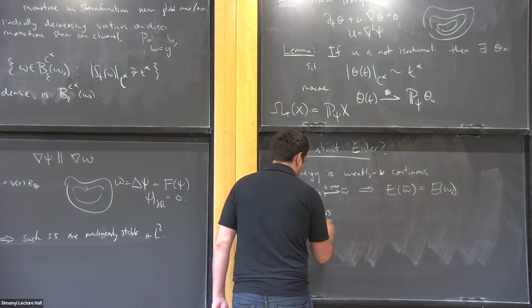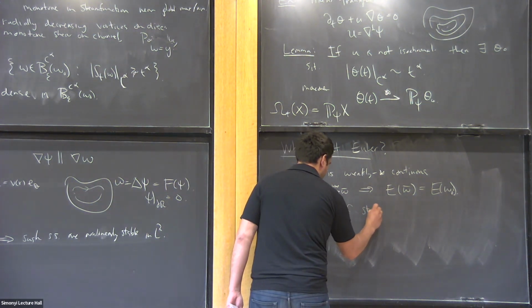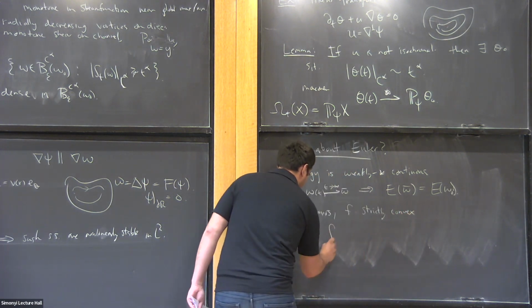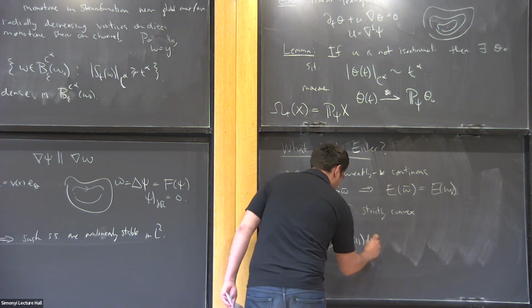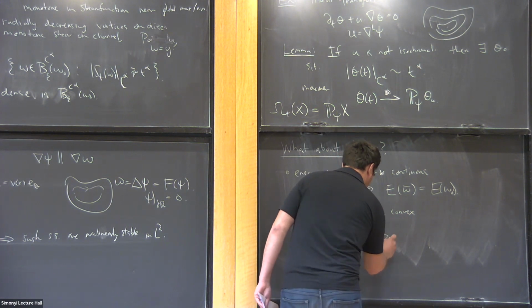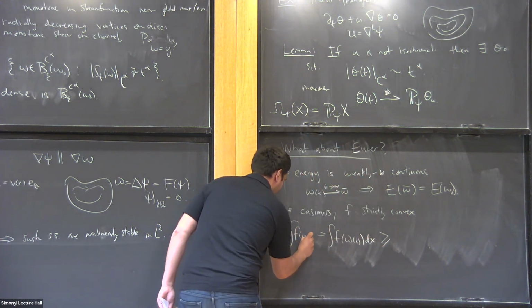Namely, if I have, for example, F strictly convex, then the integral of F of omega t is equal to the integral of F of omega 0.